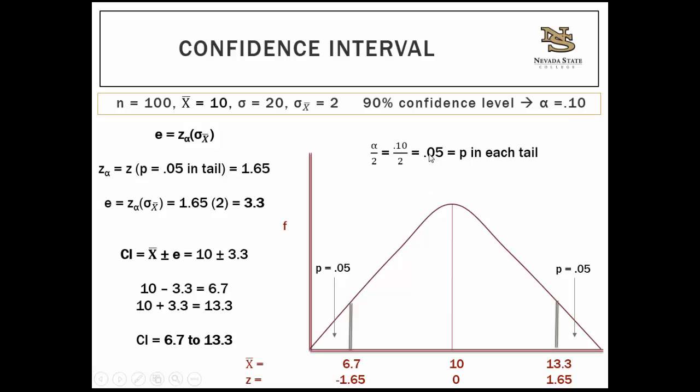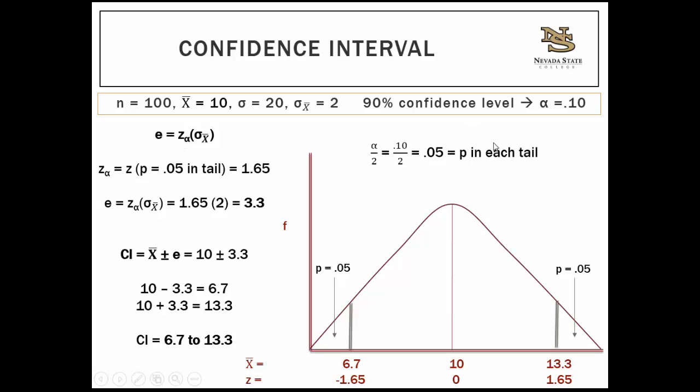So the middle 90% of the distribution is represented, and the remaining 10% is split into two tails, 5% on the high end and 5% on the low end. Once you have your alpha level split into the two tails, we're going to be looking for 0.05 in the tail to identify the z-score for our margin of error.